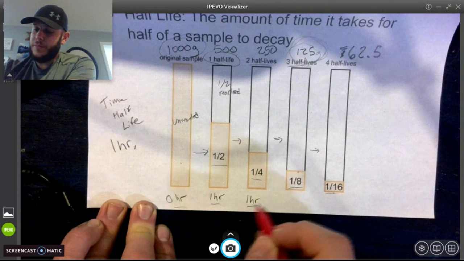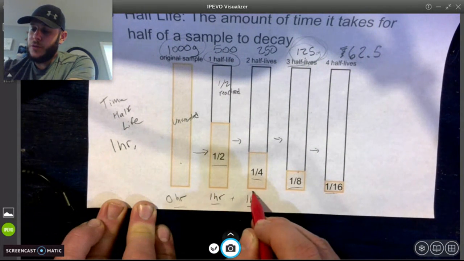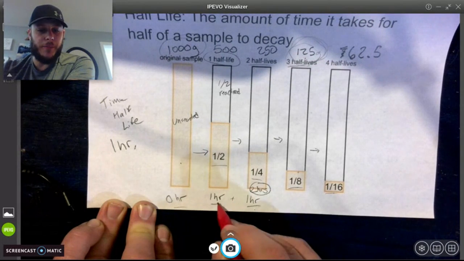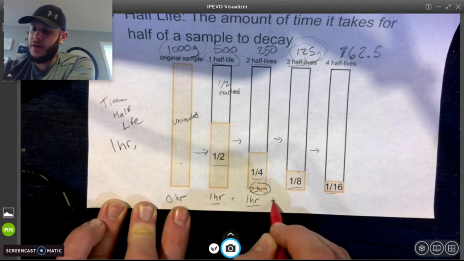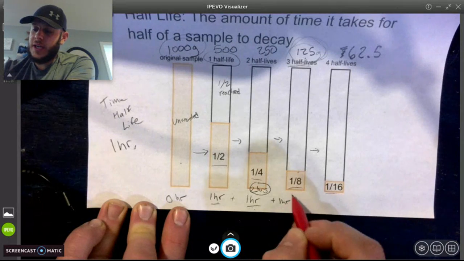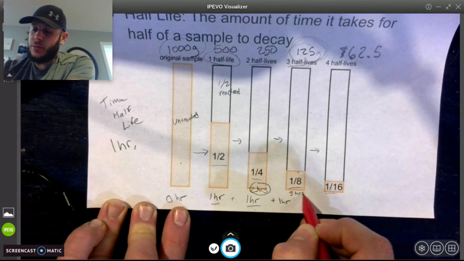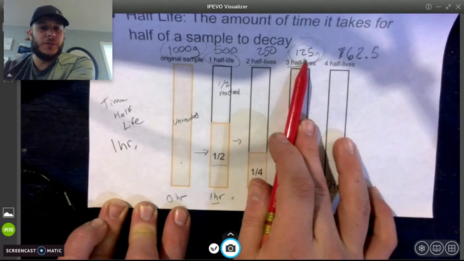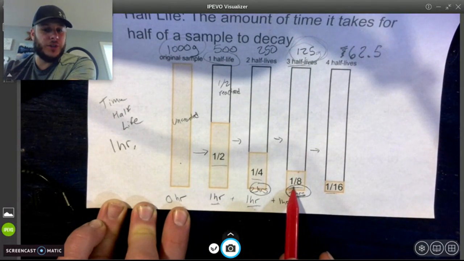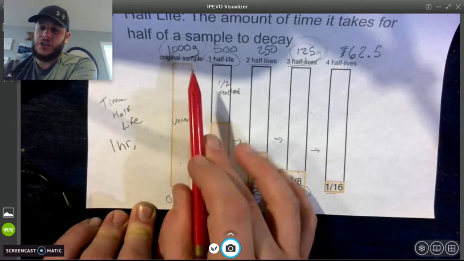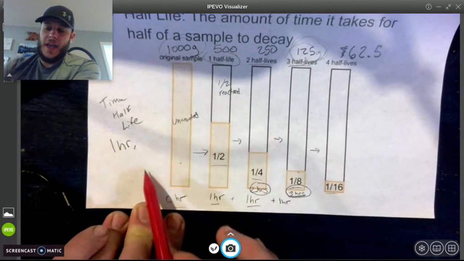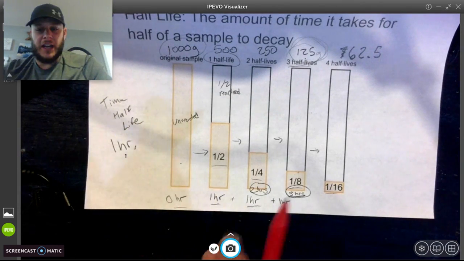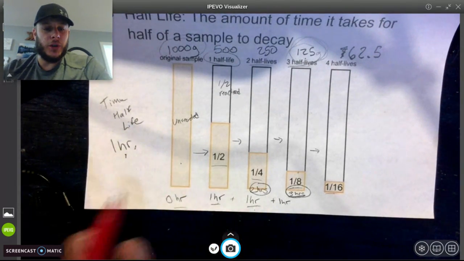So now, 1 hour plus 1 hour, which would be a total of 2 hours. That's total. This is each time. 1 hour to here, plus 1 hour to here, plus another hour to here. It would take 3 total hours to reach 125 grams, or 1/8 of the original sample, if I started with 1,000 and the half-life time was 1 hour. This is all stuff that I kind of made up as we are going along here.